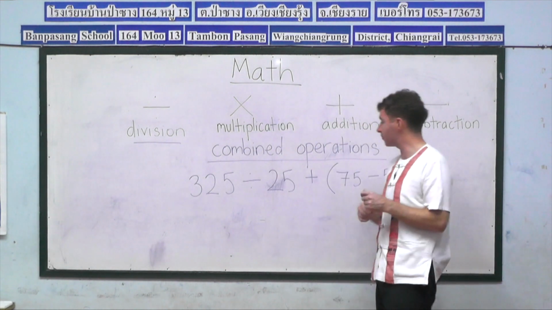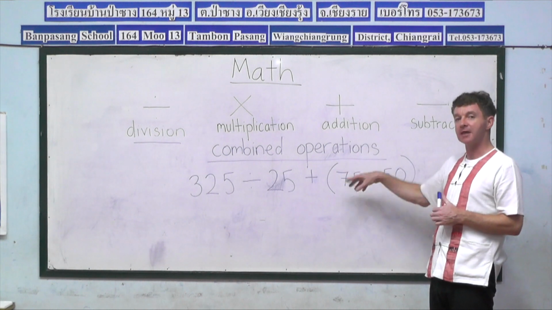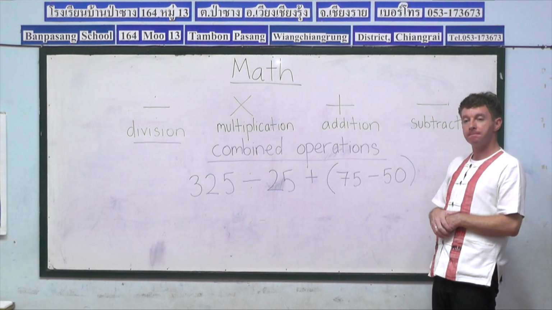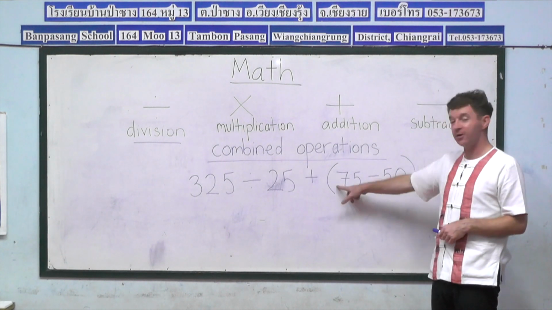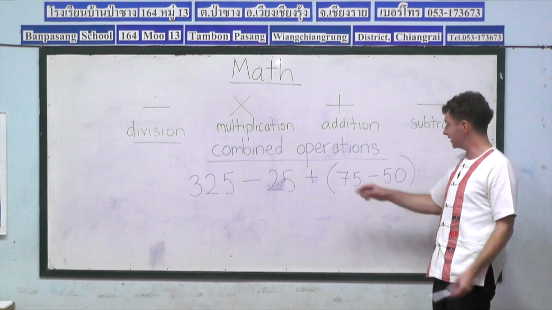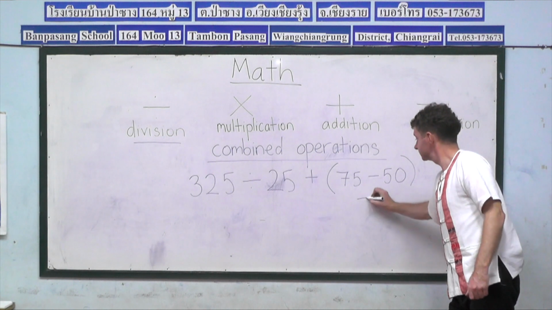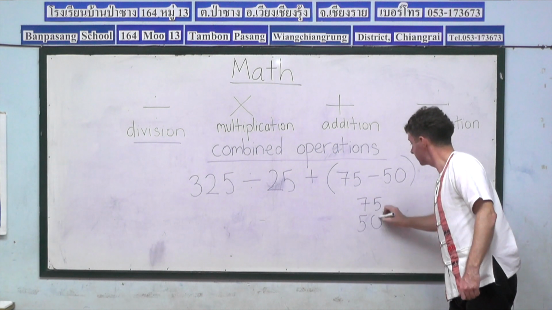Thinking back to previous lessons, guys, what's the first calculation that we need to do? Which part of the calculation comes first? Well done, well remembered. We always do the calculation that's in the bracket first. So let's do it together. 75 minus 50.